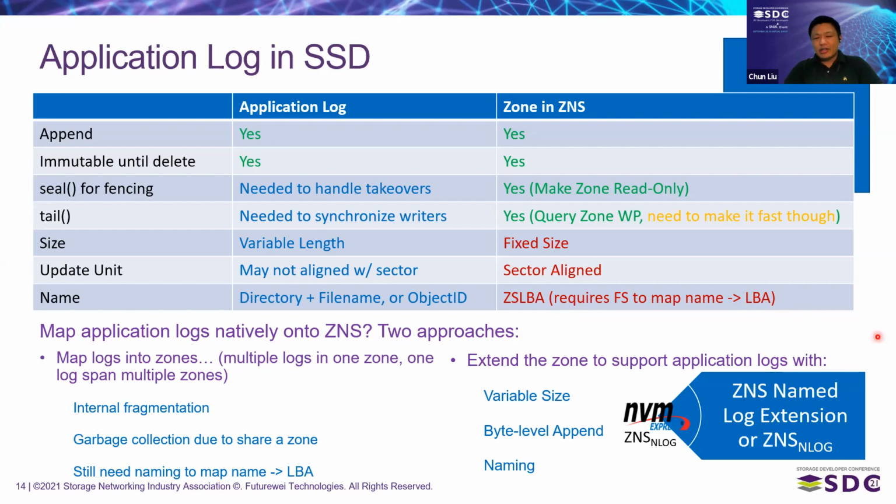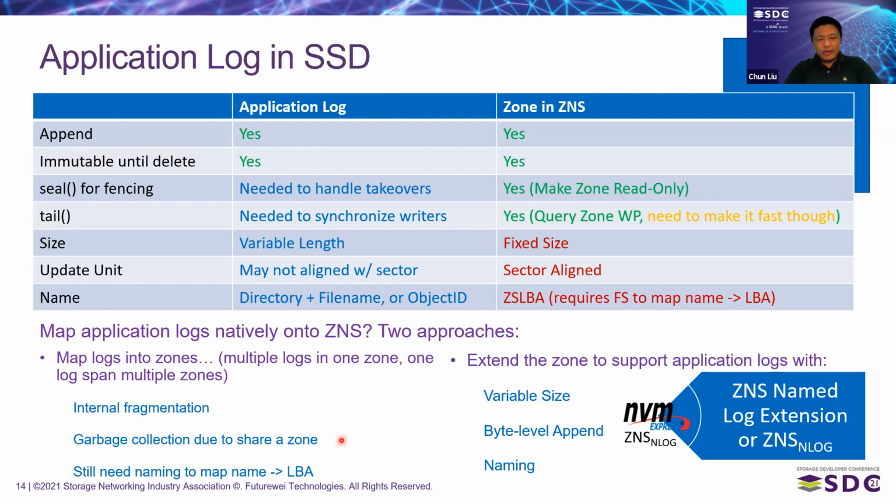Can we map application logs onto the current zones in the current zoned namespace? There are two possible approaches. We can map a log into zones, and multiple logs into a zone, or one log spanning multiple zones. The downside of this approach is we have internal fragmentation.